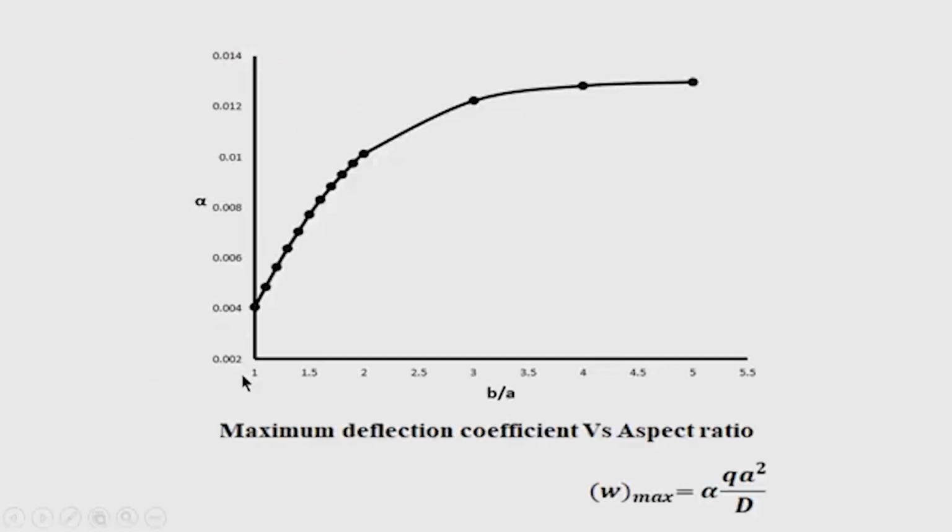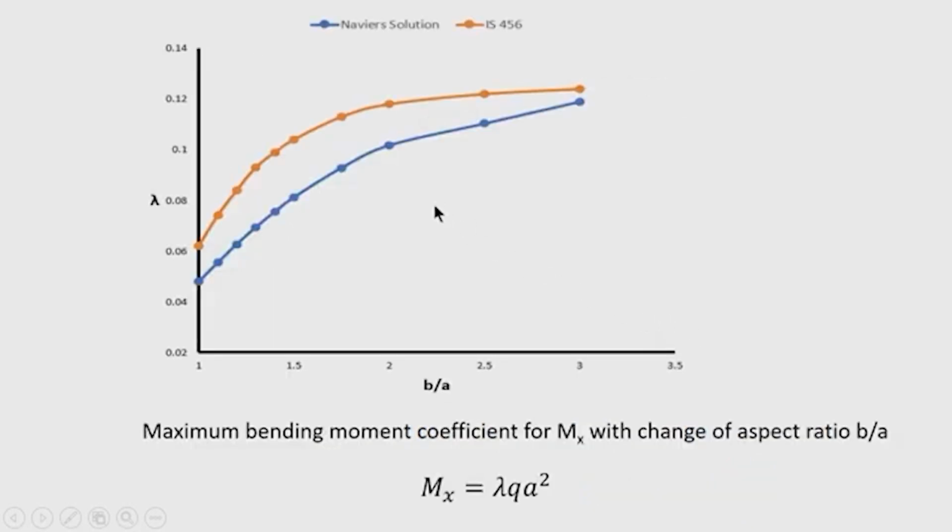If you see the deflection versus aspect ratio curve, you will see that deflection increases with the aspect ratio first, and then it does not increase much and becomes almost the same at higher aspect ratios. If we compute the bending moment along the x direction with the b by a ratio, Navier's solution gives this blue curve, that is the variation of bending moment coefficient with aspect ratio.